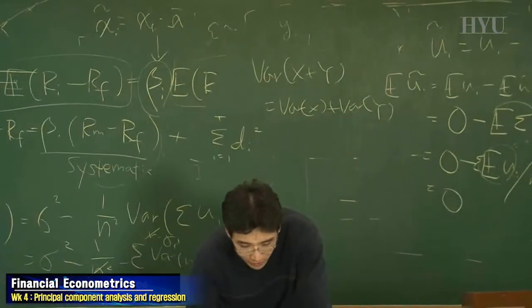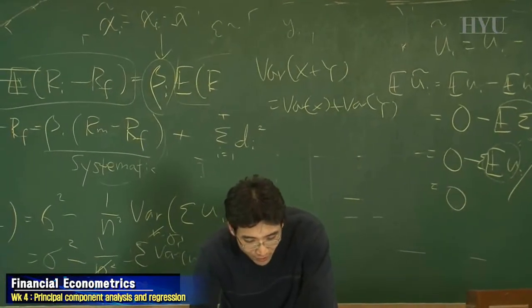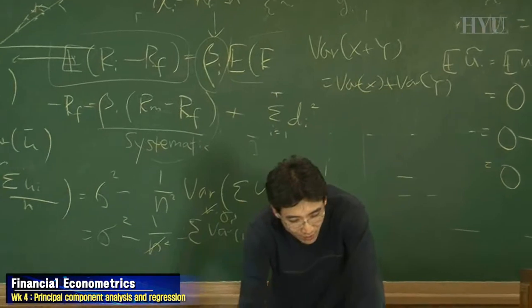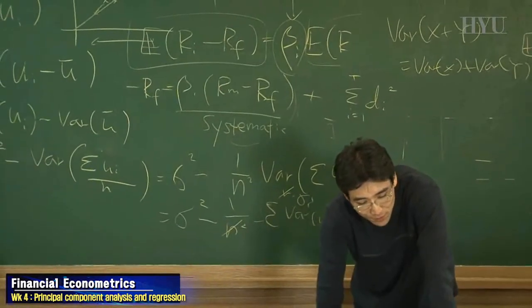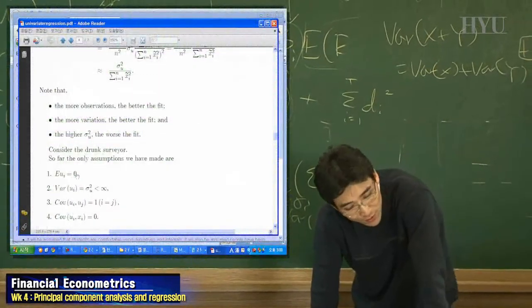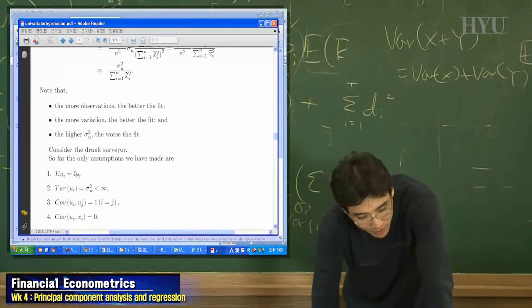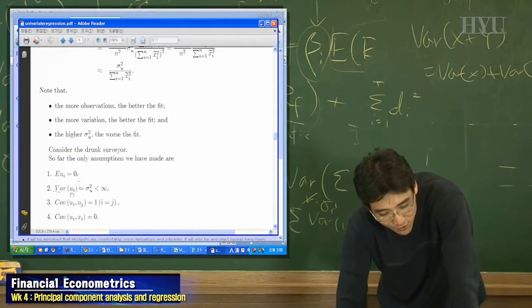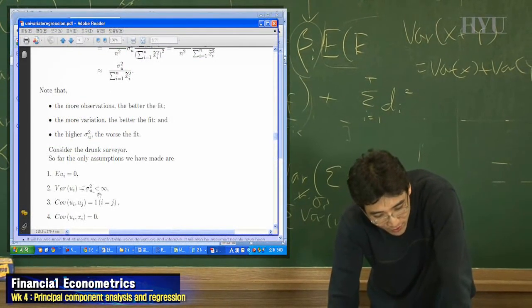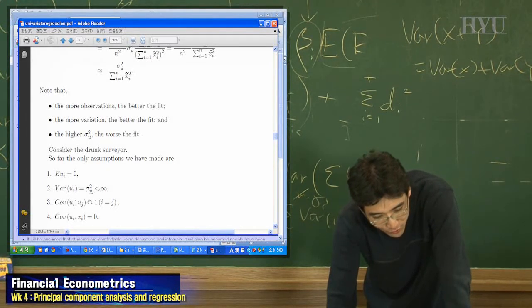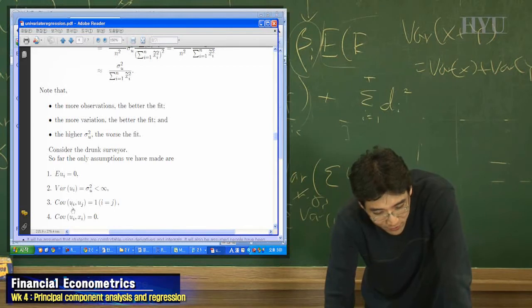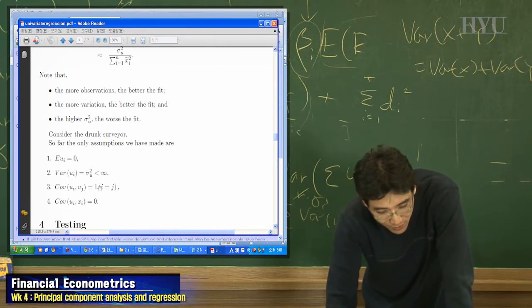So far, the only assumptions we made are that the expectation exists, the error term has expectation 0, and the variance of the error term is smaller than infinity, and we assume the covariance between i and j is 0.